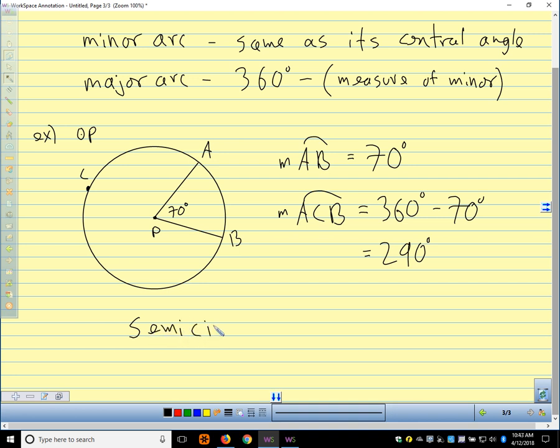A semicircle measures, what's going to be the angle measure of half a circle? 180 degrees. So semicircles measure 180 degrees, half the circle.